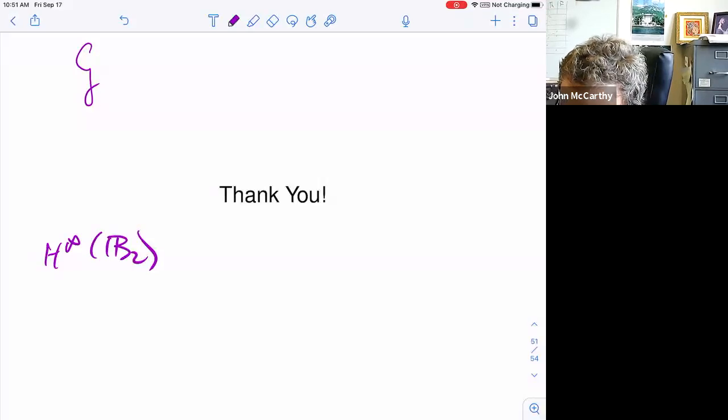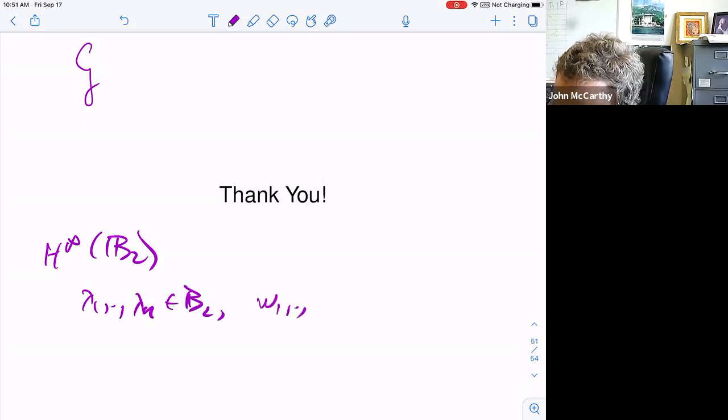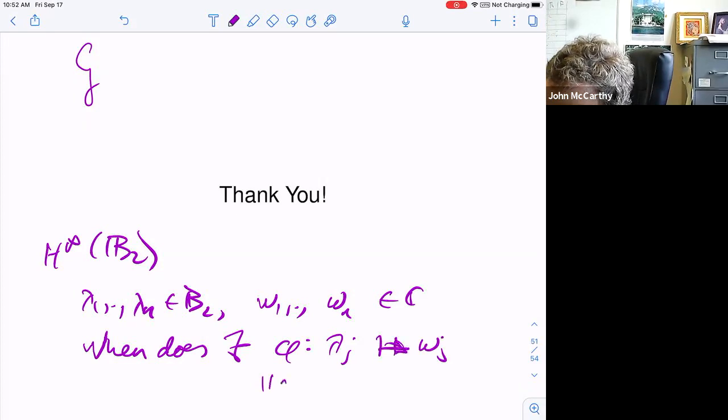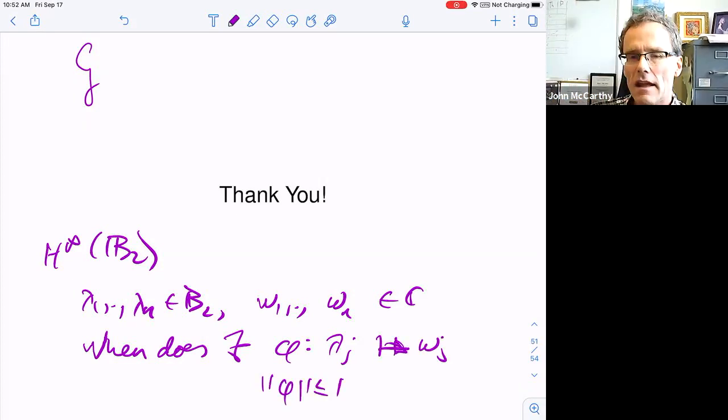That would be some characterization: given lambda 1, ..., lambda n in the ball, w1, ..., wn in C, when does there exist some phi that maps the lambda j's to the wj's, and the norm of phi is less than or equal to 1? And you'd like to check that by checking some sort of finite number of conditions.